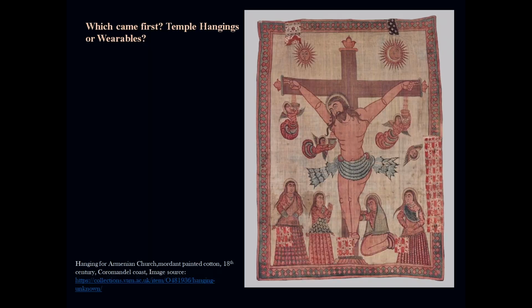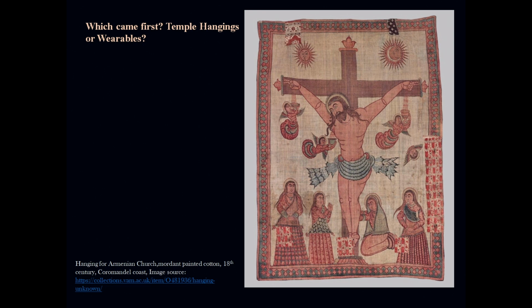So let us start with the visual that we have on screen here. This is a rectangular piece, and this closely follows the Armenian Gospels, and it is primarily made for an Armenian church, as the Victoria and Albert Museum, where this hanging is stored today, has indicated.